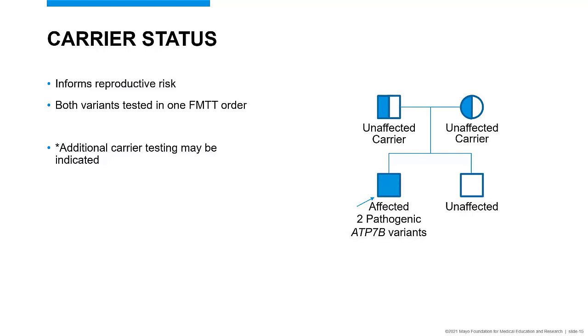FMTT may be performed for the parents to confirm their carrier status for future family planning. Or adult siblings of this patient may undergo FMTT to see if they are a carrier or not. Additional testing, such as pan-ethnic carrier screening, may still be pursued to determine carrier status for additional conditions.